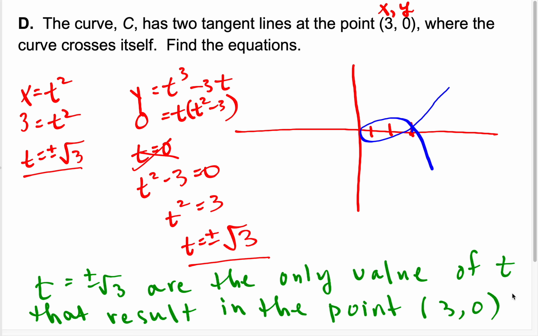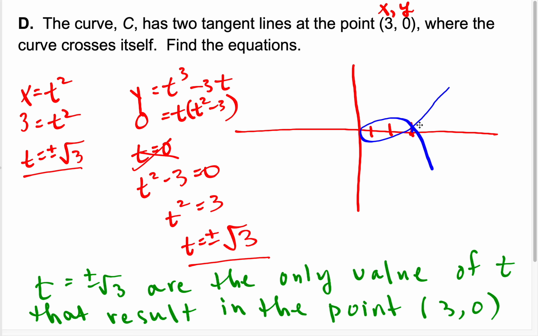When we're graphing this, think about what we have. We have parametric equations. As we plot this, we're picking different t values to create an x and a y, and that's where all these little points come from.